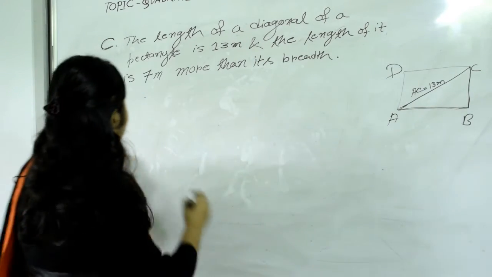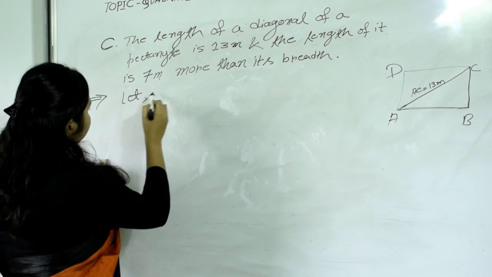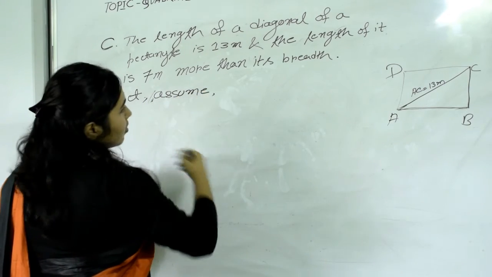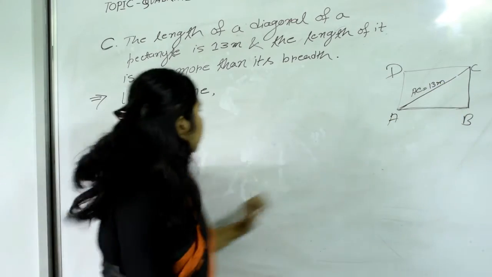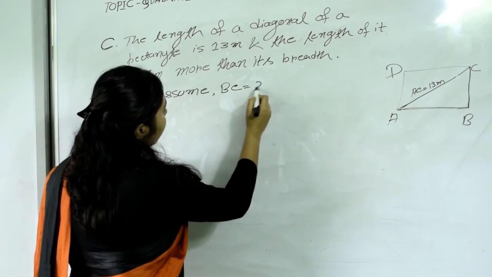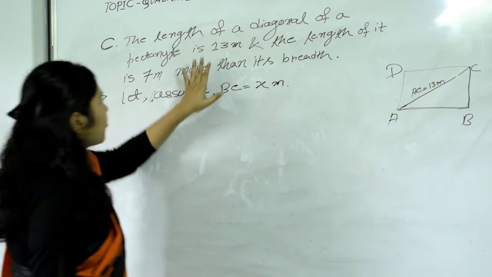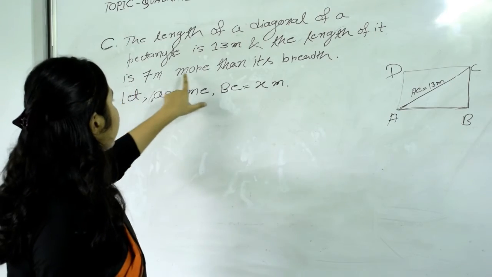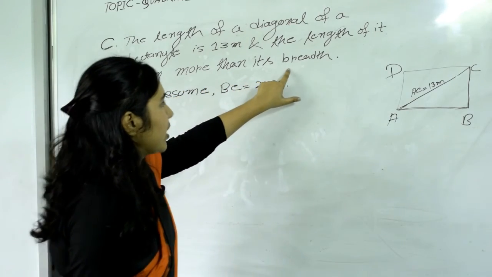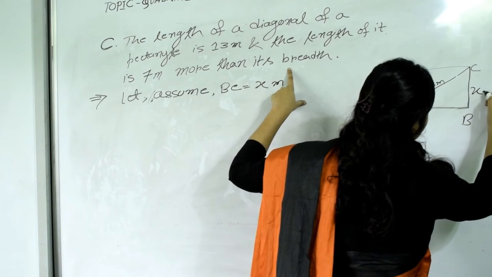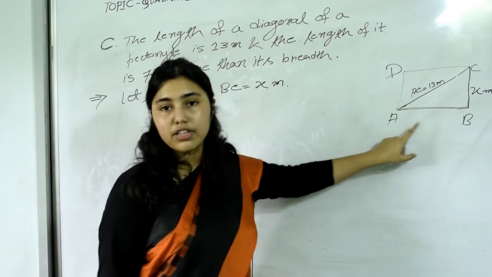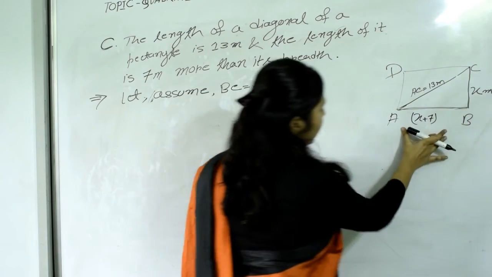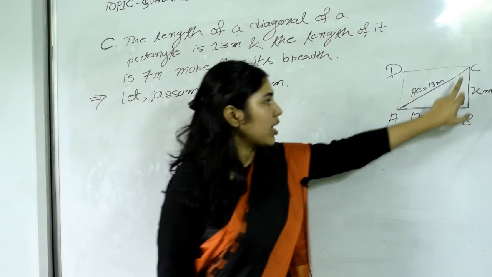So suppose, let us assume the length of BC is x meter. Then from our given question, the length of it is 7 meter more than its breadth. Suppose BC is x meter, then the length of AB is x plus 7, because AB is 7 meter more than BC.